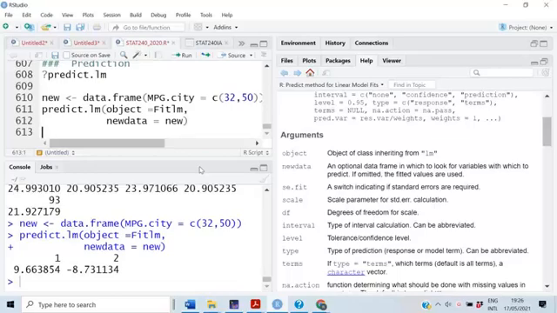That's what we have done over there. In this case, we predicted for 50 and 32. When the miles per gallon per city is 32, the price is around 9,663. And if the miles per gallon is 50, it is actually negative. It's negative data.